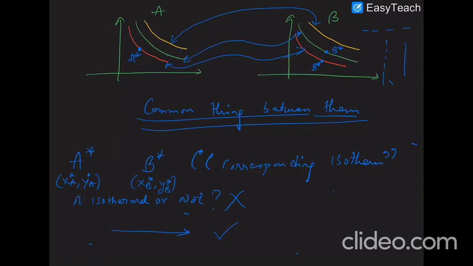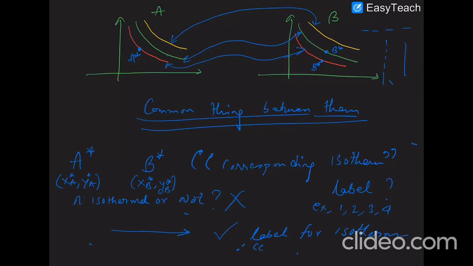Now the challenge is how will you label them? I think most of the time the more proper way will be to give the label using some number, suppose 1, 2, 3, whatever the number is, that will label the isotherm so that we can identify uniquely any corresponding isotherm.